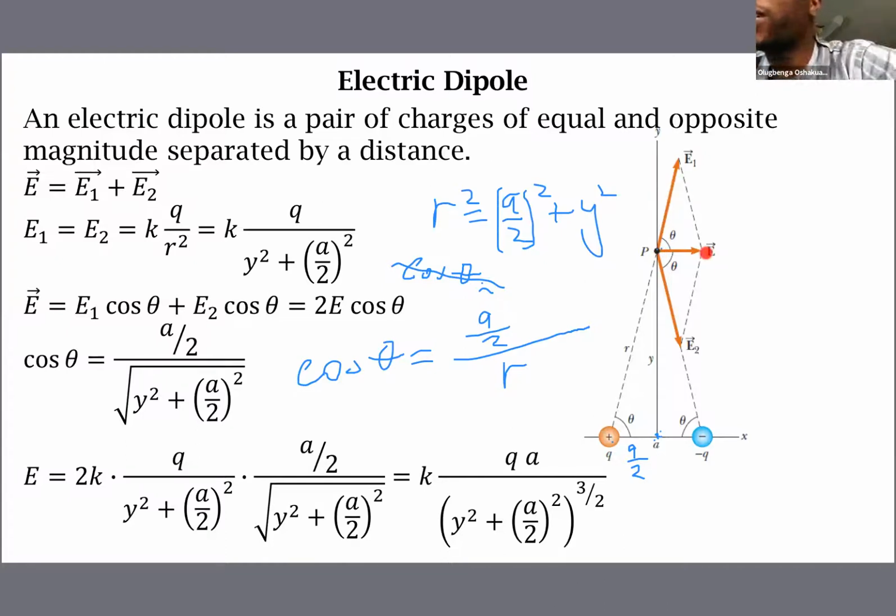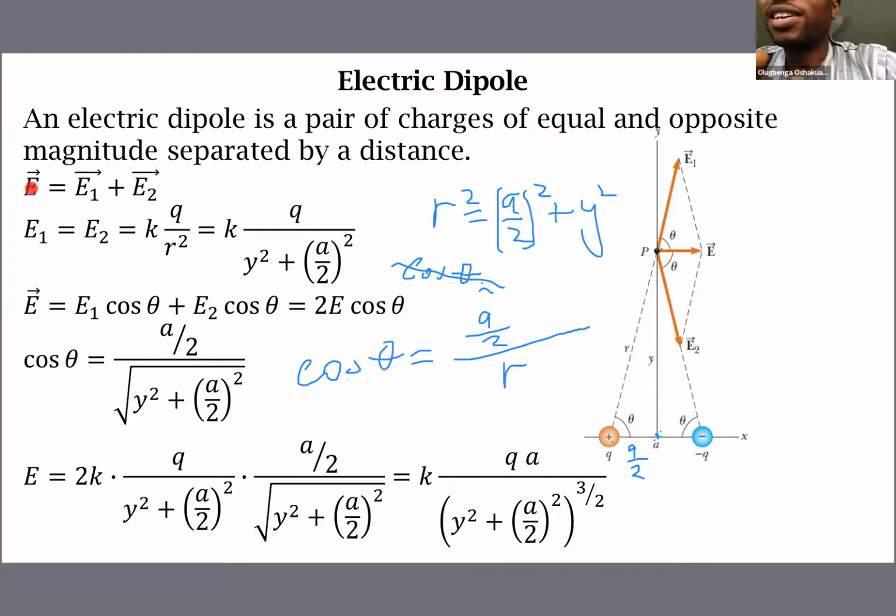So we are interested in this E, and you can see that E1, E, and E2 are vectors. So it's easy to come up with this first expression that tells us that E is equal to E1 plus E2. I hope this is not strange. We must have learned this in secondary school.